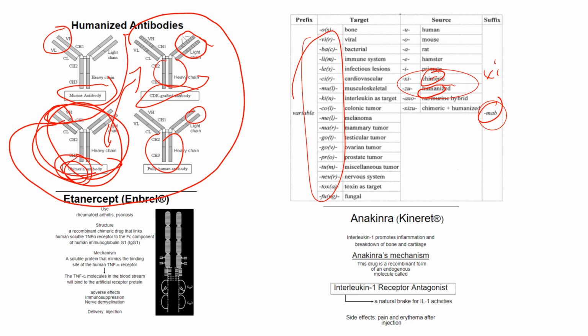A couple of examples of monoclonal antibodies. We have etanercept. This will bind what's called TNF alpha. This is an inflammatory mediator. You'll learn a little bit more about this later in this course and also later in other courses. What this does is this is a dimer. If you remember in our last video, we talked about tyrosine kinases.